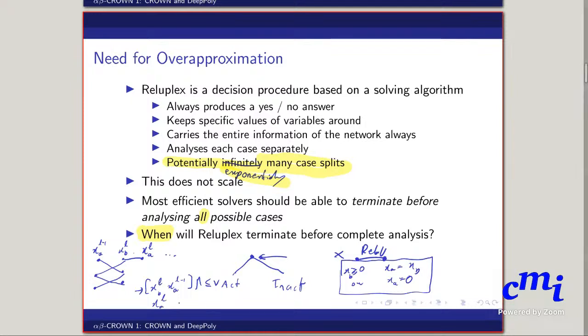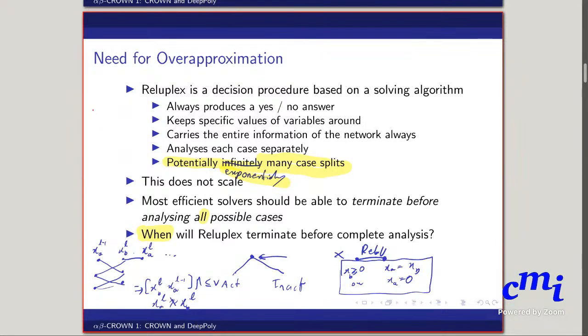So x_a^L is not even related to x_b^L. When this relationship is completely dropped and only the actual linear layers are kept in place, that is when Reluplex is going to do an LP call.